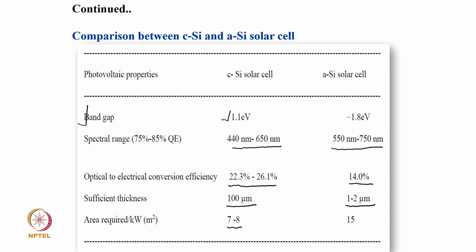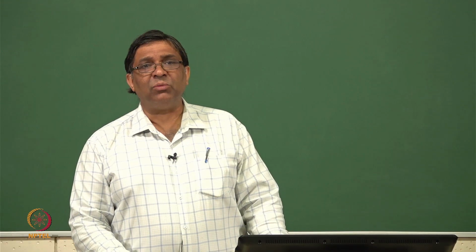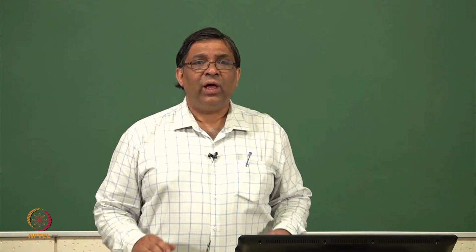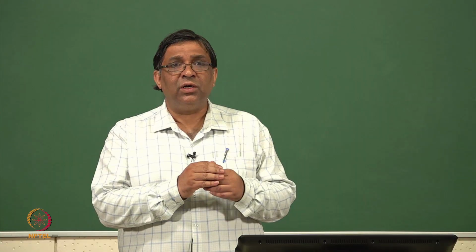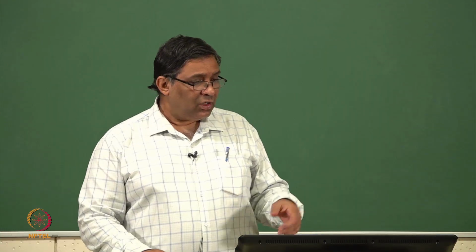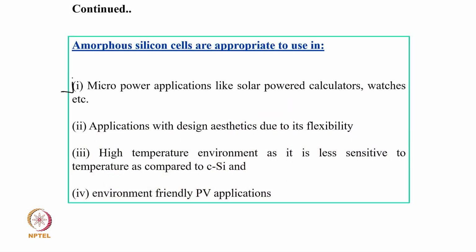There are some area requirements also, though this is not a very important issue. But people have used amorphous silicon in small devices like calculators or wristwatches, etc. These are called micro power applications.